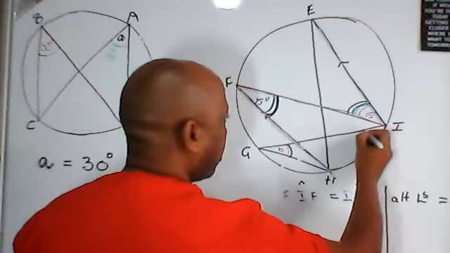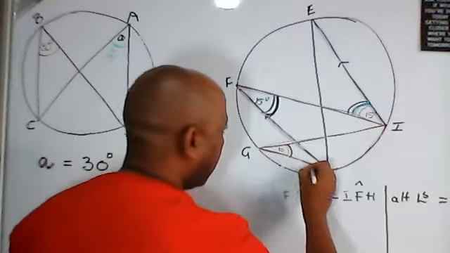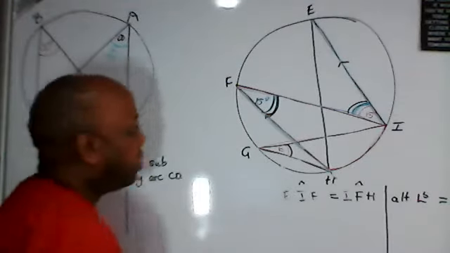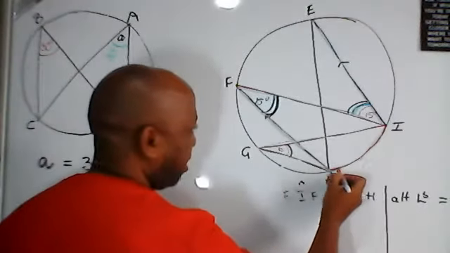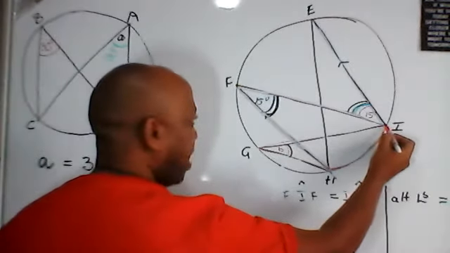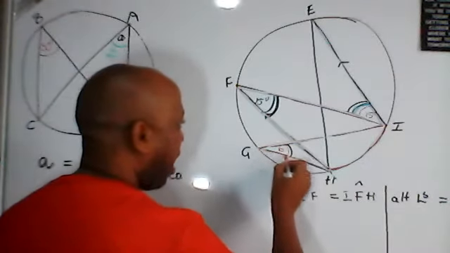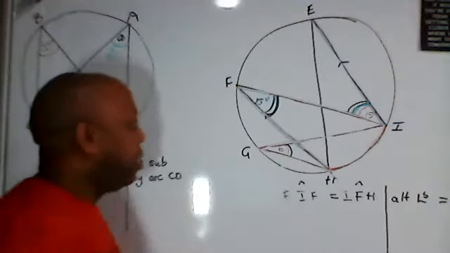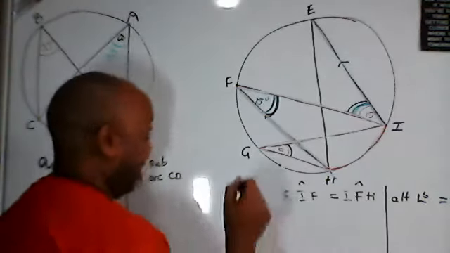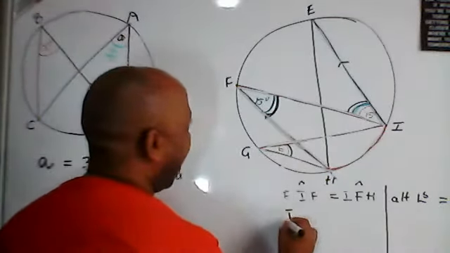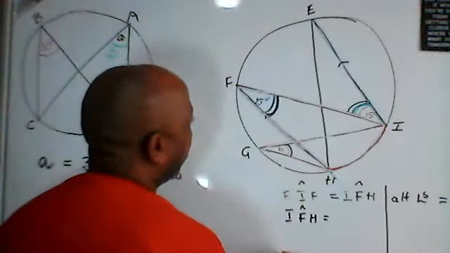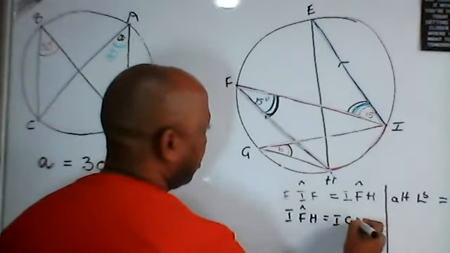This arc also subtends angle IGH. I'll repeat that. This arc here, HI, subtends 15 degrees, and the same arc subtends IGH. Which means I can make a bold statement and say angle IFH is equal to angle IGH.